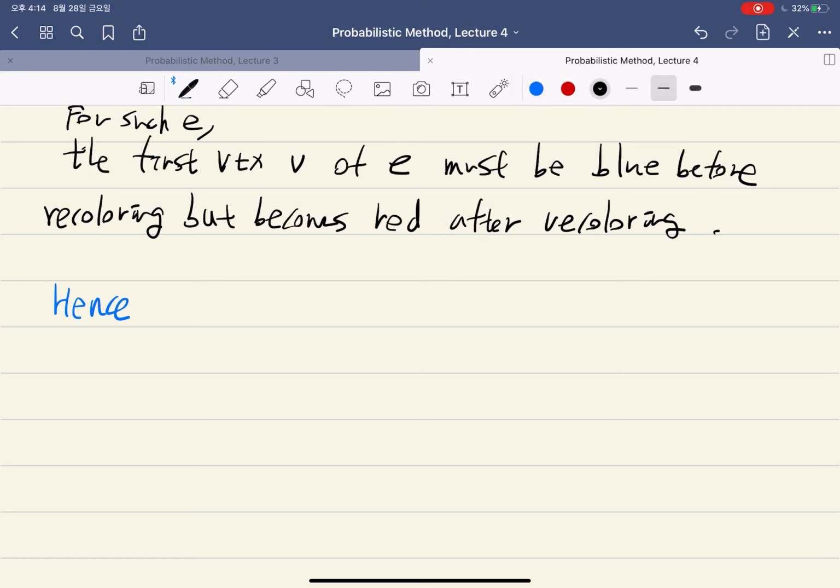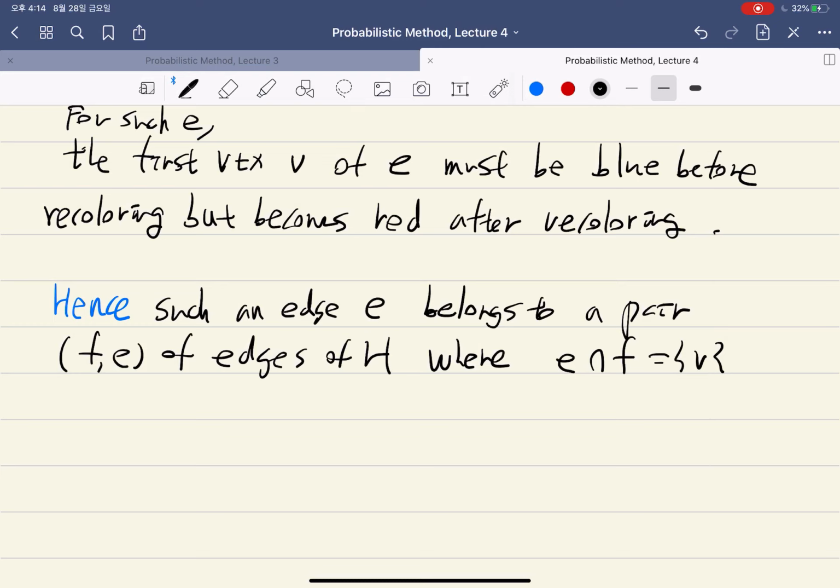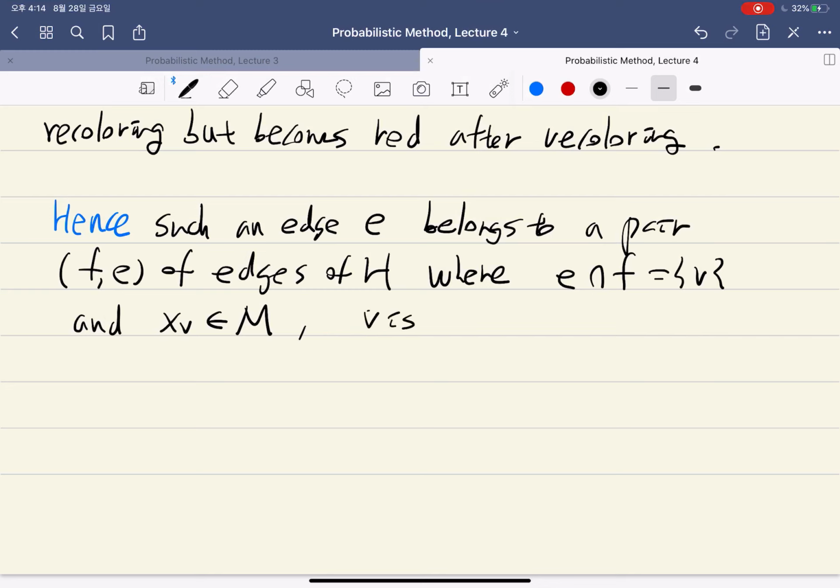Hence such an E actually belongs to a pair (F, E) of edges of H, where E intersection F is a single vertex v, and this X_v is in M, and v is the last vertex of F and the first vertex of E.